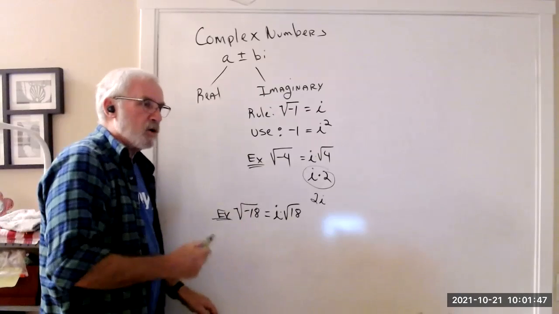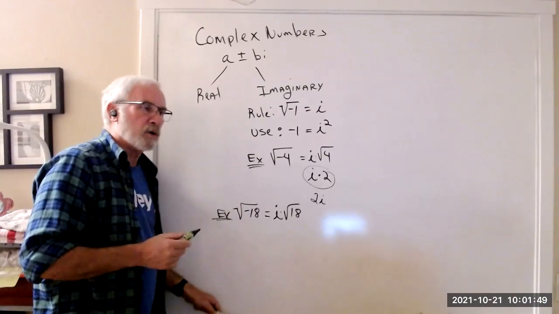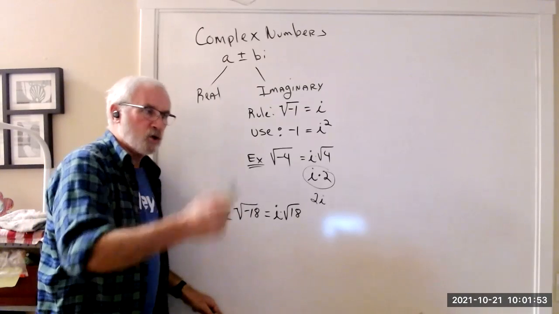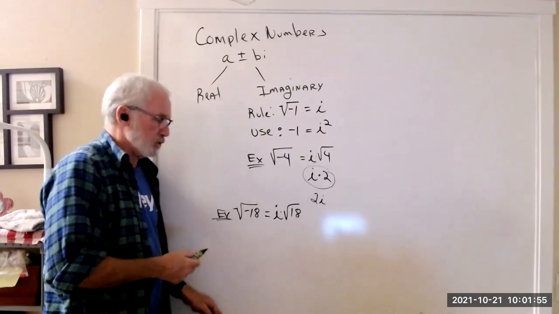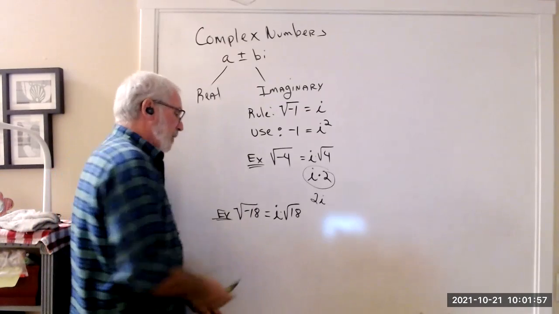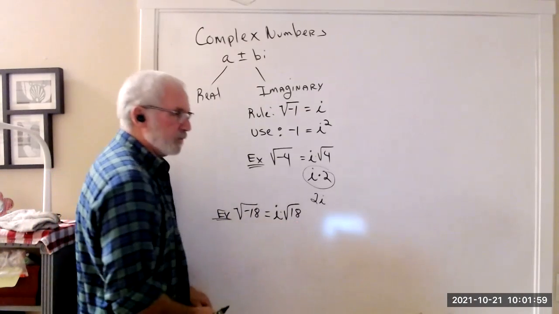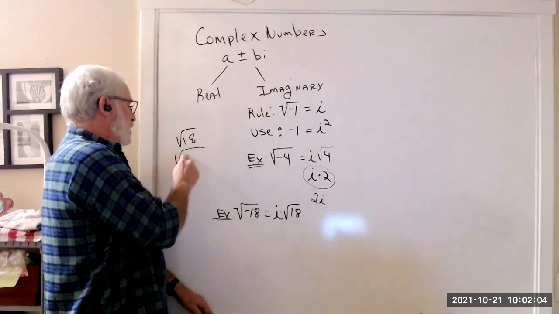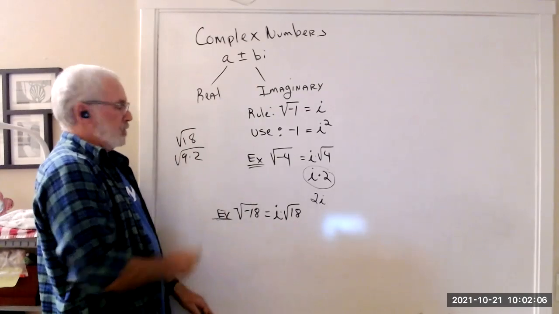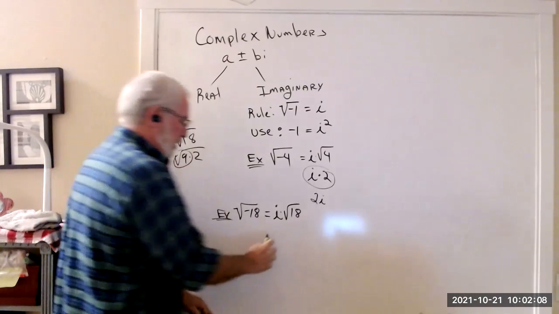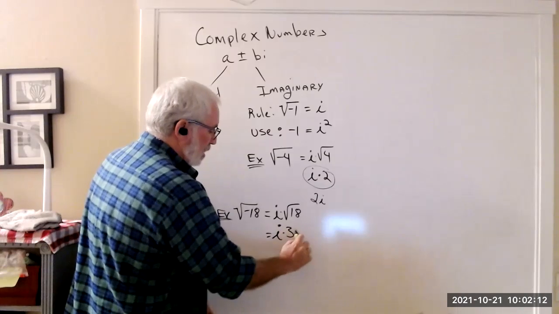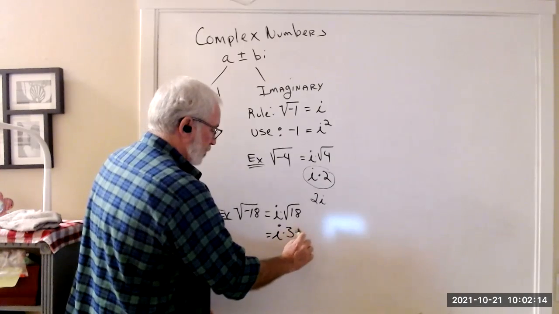But remember, all this stuff only works for square roots, not cube roots, not fourth roots, just square roots. Okay, if we simplify the square root of 18, the square root of 18 is 9 times 2. So we can take the 9 out as a 3. So this becomes i times 3 times the square root of 2.